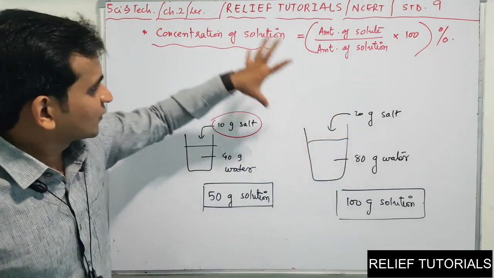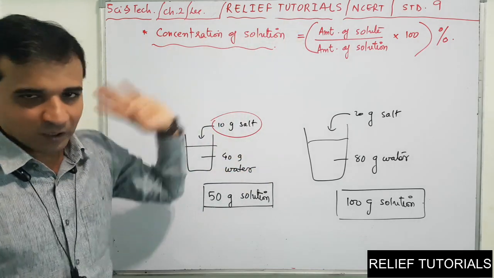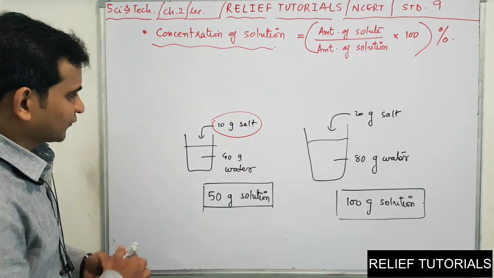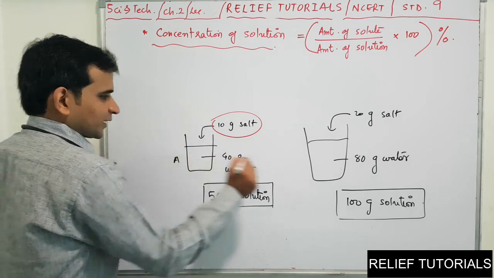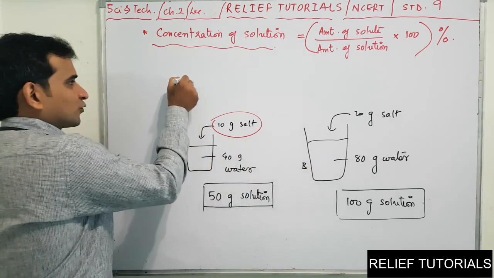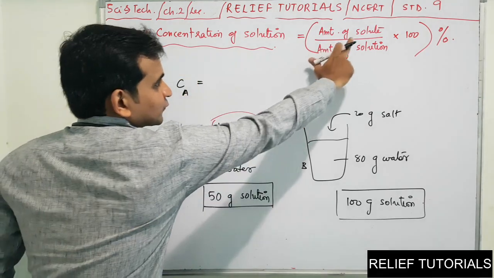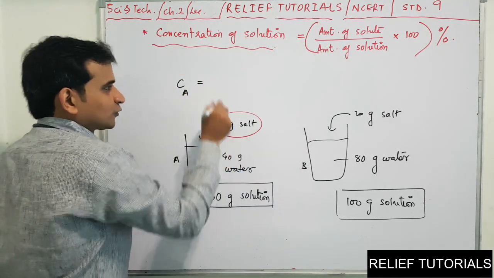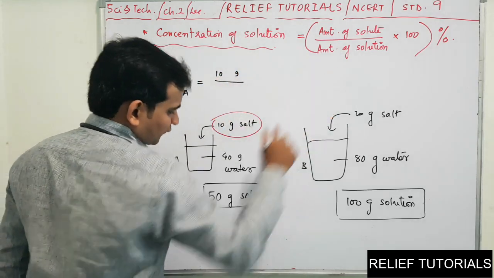Now let us calculate the concentration in both of these by substituting the values in the formula. Let us say this solution is A and this solution is B. So concentration of A is equal to amount of solute. What is the amount of solute? It is 10 gram. Upon what is the amount of solution?